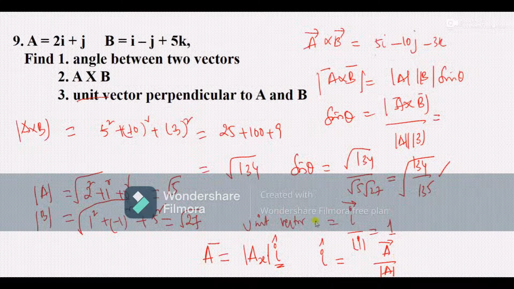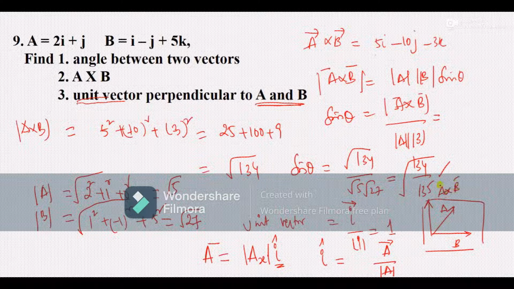Similarly we use the same thing for finding the unit vector perpendicular to both A and B. We already saw that if we have two vectors, the vector perpendicular to them is the cross product A cross B according to the definition.